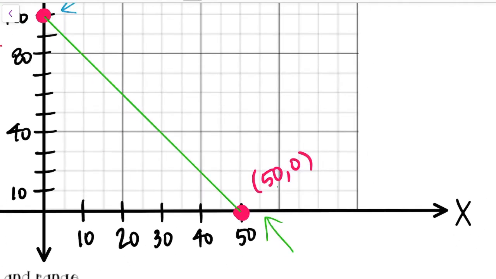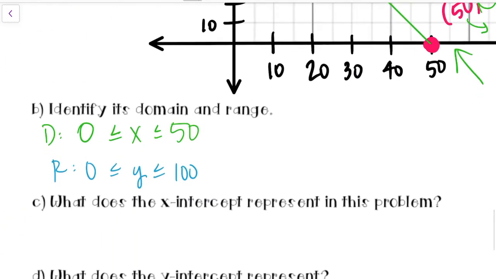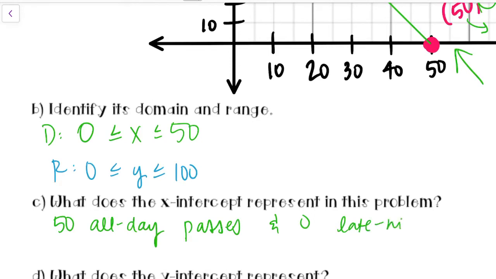So this is just saying the amusement park might have sold 50 all-day passes and 0 late-night passes. So x-intercept, 50 all-day passes, but 0 late-night passes.